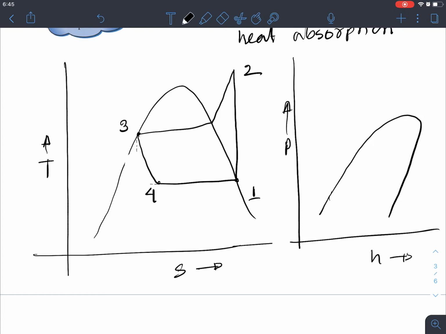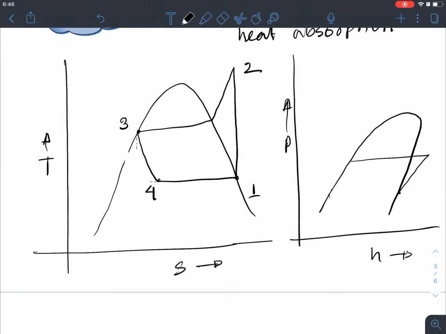So basically 1 to 2 is here, pressure is increasing in the compressor, and then 2 to 3 here, and then 3 to 4 is constant enthalpy, right? And 4 to 1 is basically here.